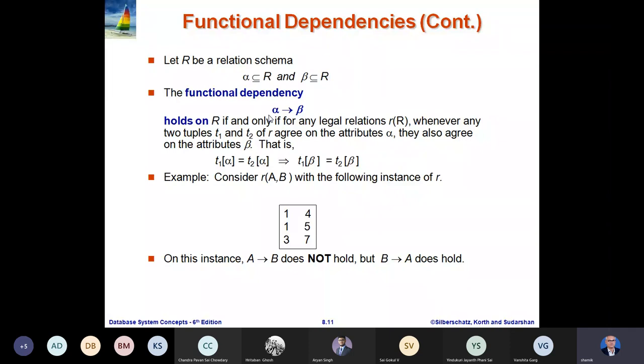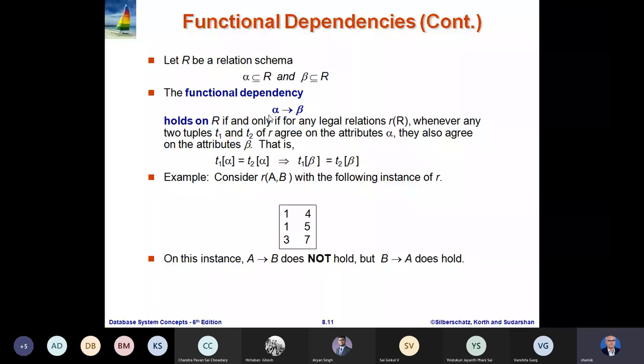It holds on R if and only if, for any legal relation lowercase r defined on this schema R, whenever two tuples T1 and T2 of R agree on the attributes alpha, that means the attributes that comprise the set alpha, they also agree on the attributes beta.